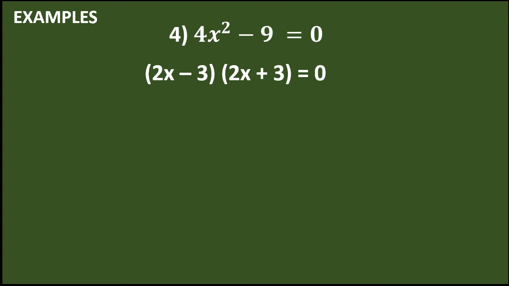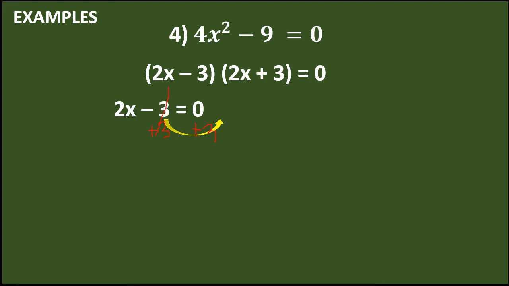After that, equate both factors to 0. It will become 2x minus 3 equals 0. After that, we have to move negative 3 to the right side of the equation using the additive inverse. What is the additive inverse of negative 3? The inverse of negative 3 is positive 3, so we have to add positive 3 on both sides of the equation. After that, we can cancel this.